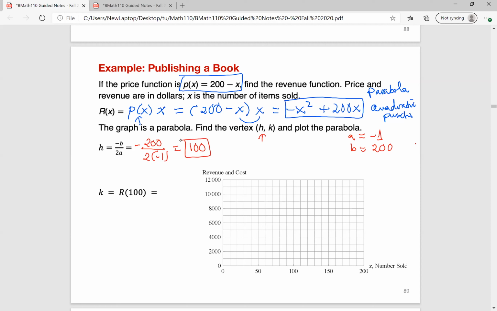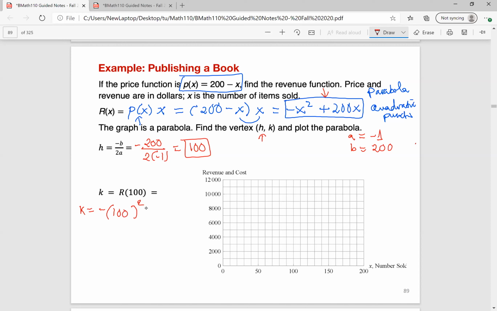What about k? k is going to be the revenue with the input equal to 100, right? So you want to use this function. k will be equal to negative x squared, so I put 100 squared, plus 200 times 100.